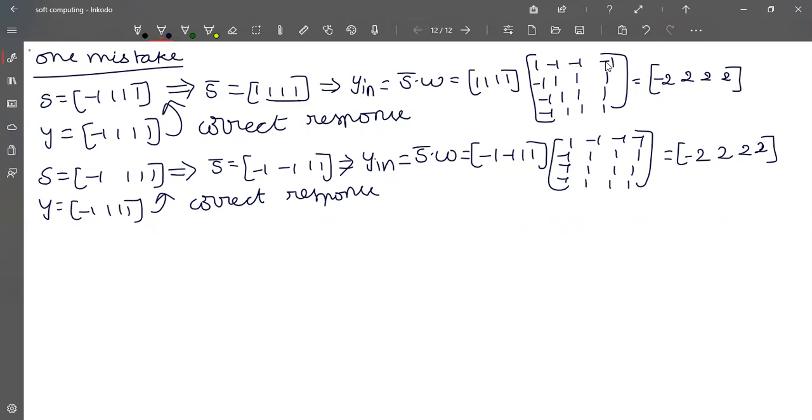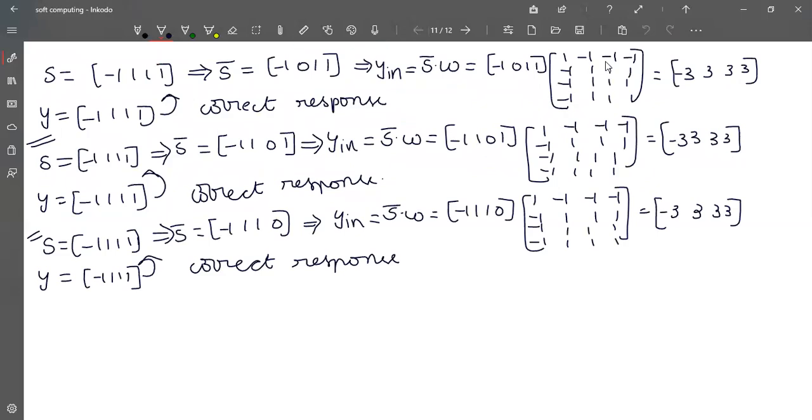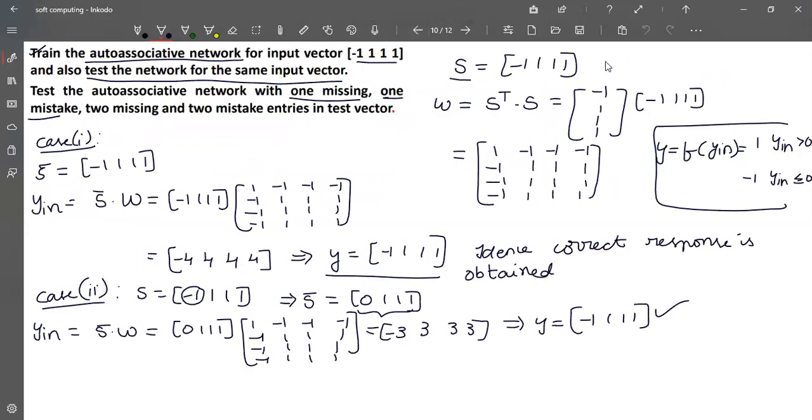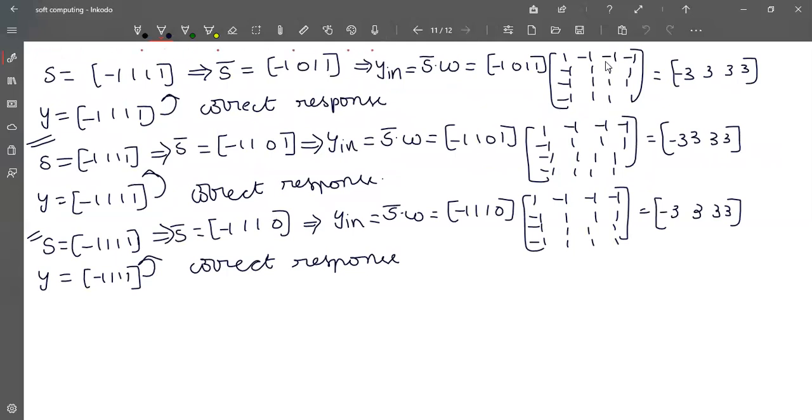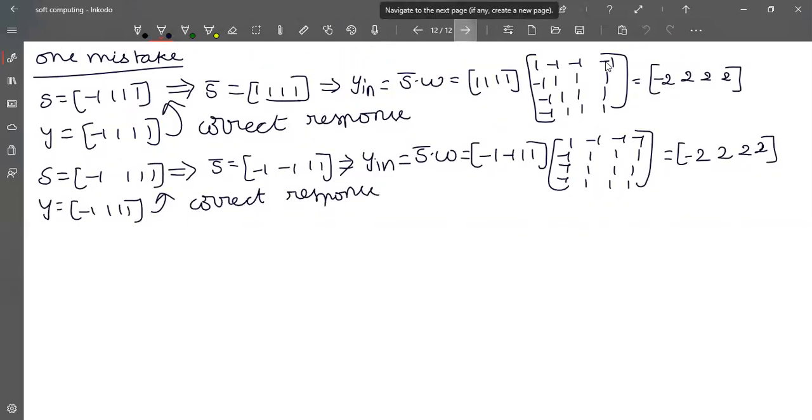And coming to the next part of the question, they ask you to check for 2 missing values and 2 mistake values. I will not be performing all the combinations, so you do try testing all those. Let me do it for 2 missing values.